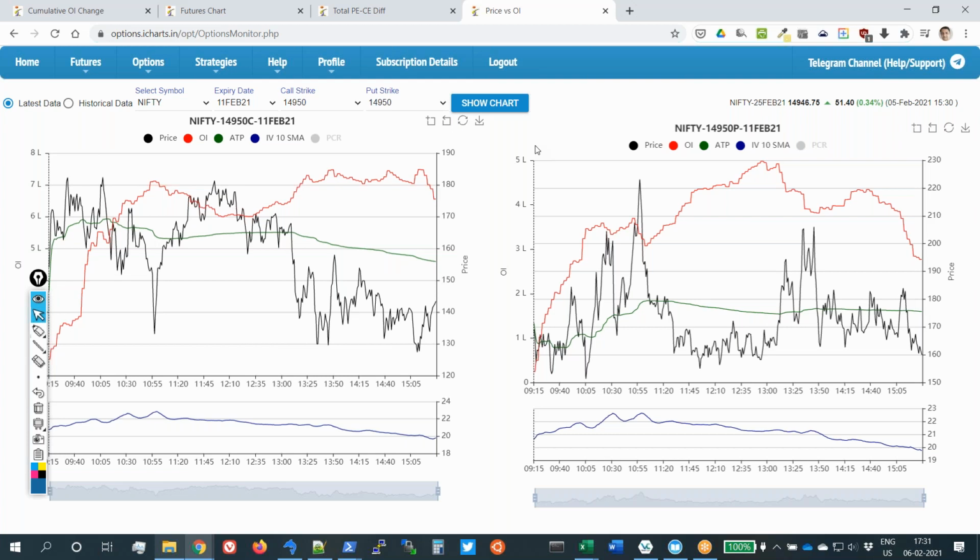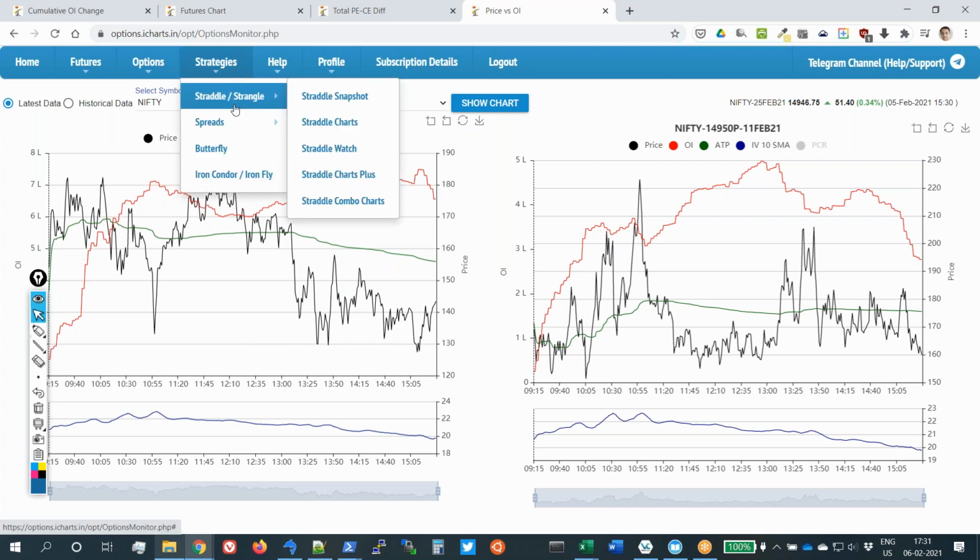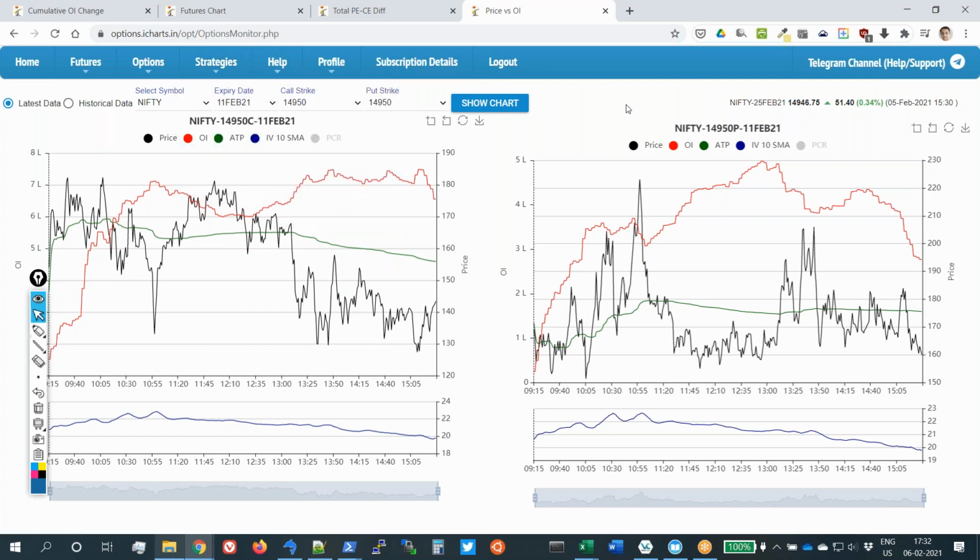Sir, one question. Can I see the straddles and Bank Nifty side by side? Is there any option, or do I have to open two windows? Currently two windows. That is also a feature that many have asked for, and we were experimenting with a grid-based dashboard, but since the resources are not there, we have not been able to complete it. Currently, you can do that using the Vivaldi browser, which has a tile feature.